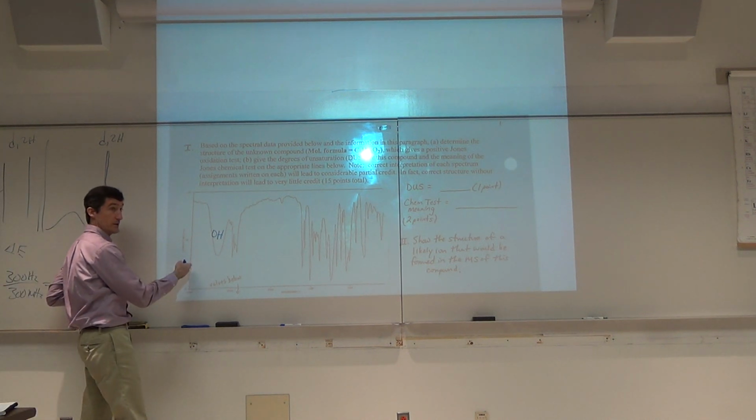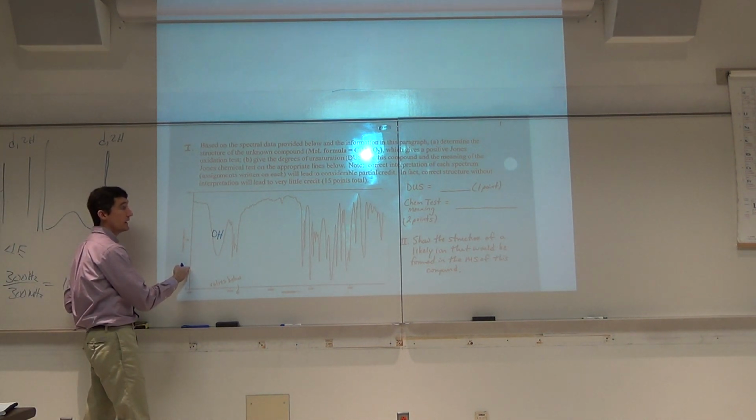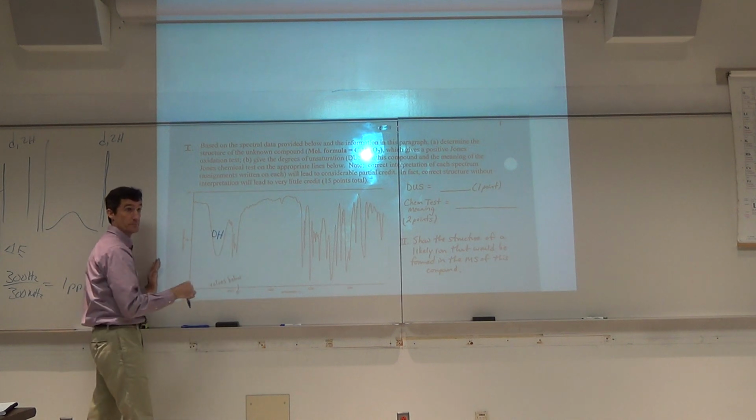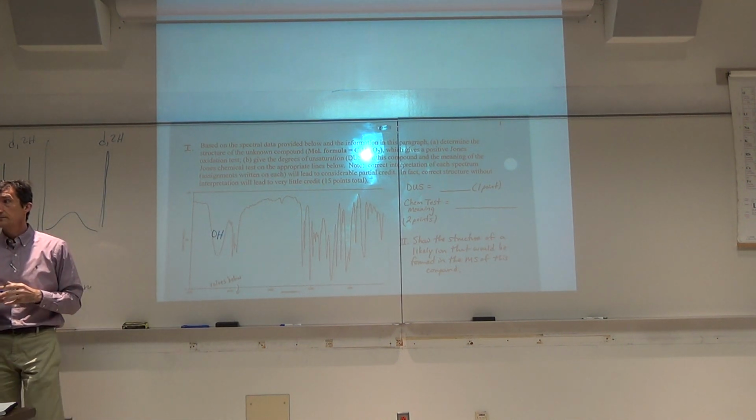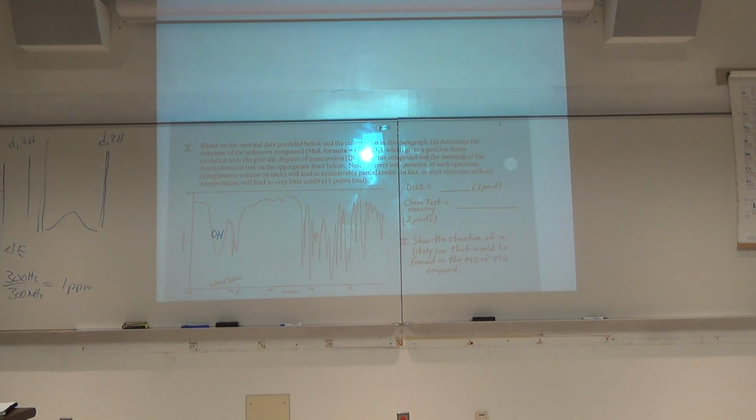It's not just to show the compound. If you just show a compound and do nothing else, you're going to get minimal credit, even if the compound is right. At the same time, if you show a wrong compound, but did lots of good interpretation, then you're going to get lots of partial credit.